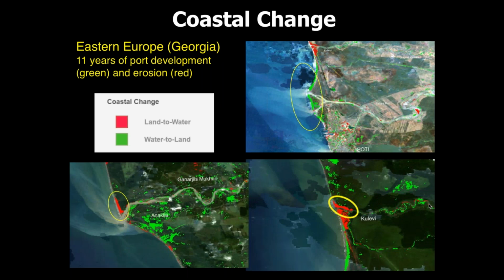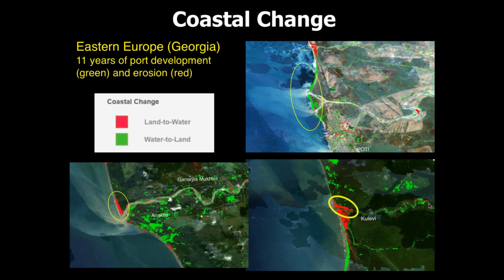If you're looking along the coast, and I'm going to show you an example later for Tanzania near Dar es Salaam, this is an example in Eastern Europe, where they were looking at 11 years of development along the coast, where they were developing a port for shipping, and they also saw other areas where the land had been removed and degraded, coastal erosion.